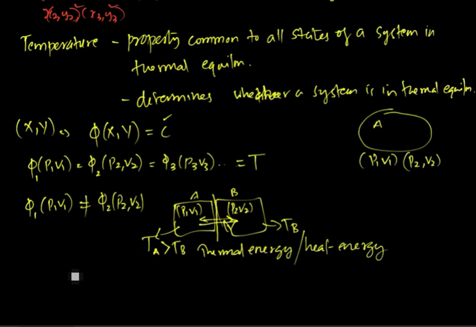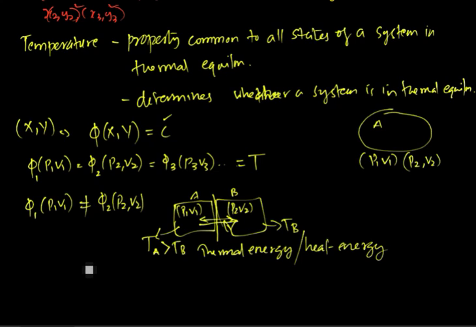Temperature is actually a property common to all states of a system in thermal equilibrium, or we can define it this way: a property common to all systems that are in thermal equilibrium with each other.